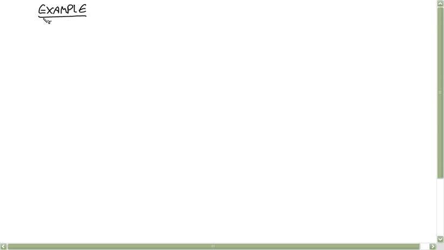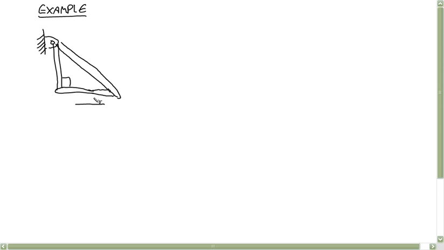Okay, so here's the problem. We have a pin joint connected to the wall. But that's supposed to be a right angle. And at the midpoint of this member, we have some kind of a roller.